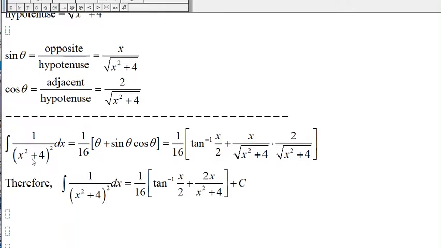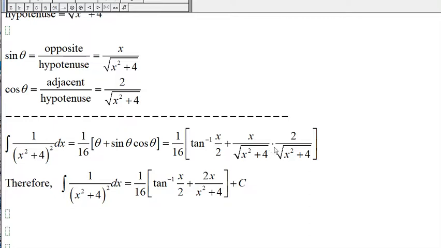So the integral of 1 over (x squared plus 4) squared, which is 1 over 16 times (theta plus sine theta cosine theta), is 1 over 16 times tangent inverse of x over 2 plus sine theta cosine theta. That's what theta is. Sine of theta is x over the square root of x squared plus 4.